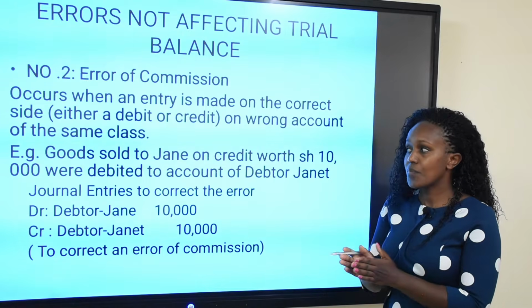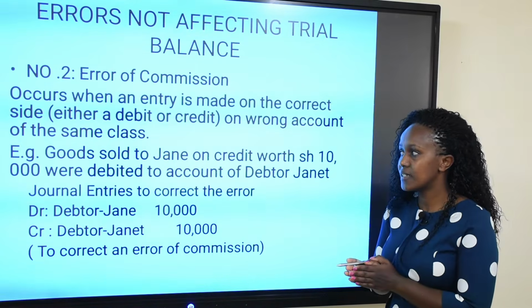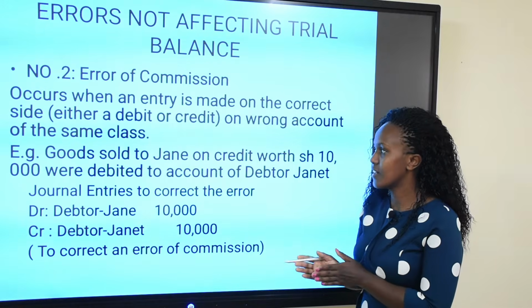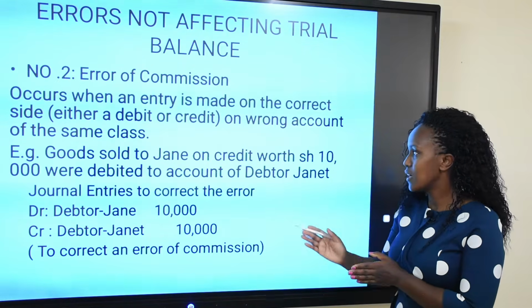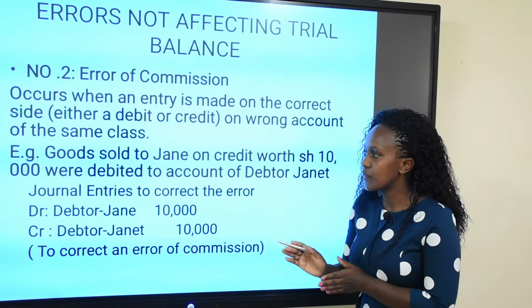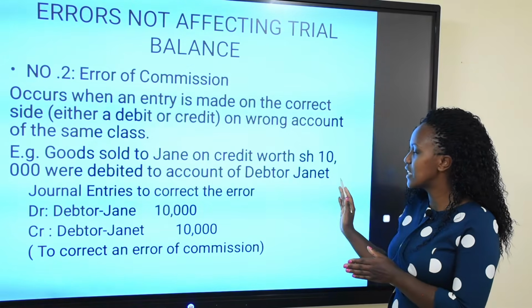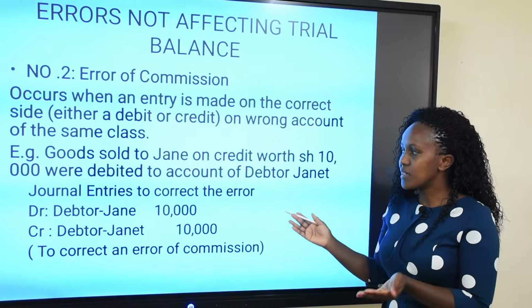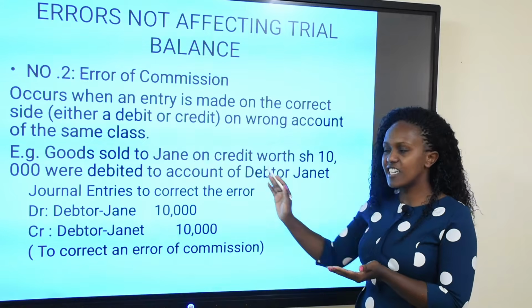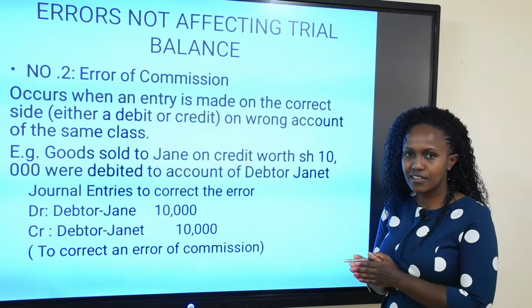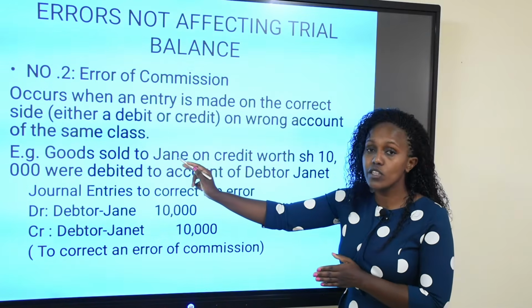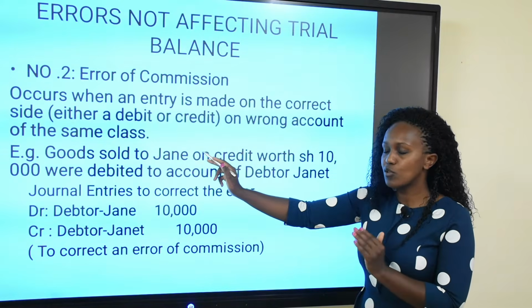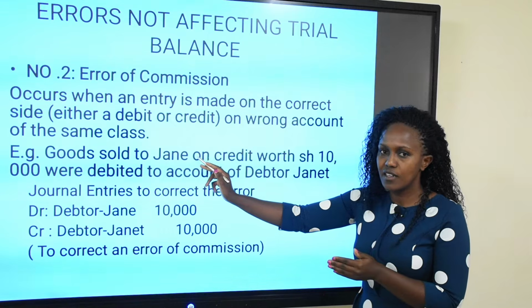So again, in our example, it says here that goods sold to Jane on credit worth shillings 10,000 were debited to the account of debtor Janet. Now you can see here even the accountant probably was in a hurry, and Jane and Janet both are debtors. It is Jane who bought goods on credit, and when Jane buys goods on credit, we are supposed to debit the account of Jane.